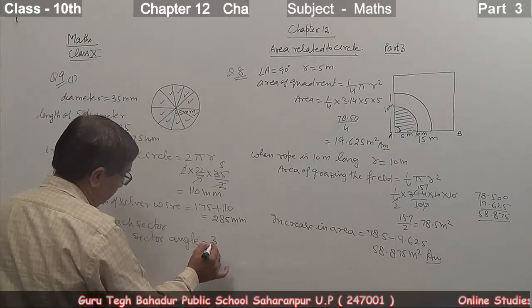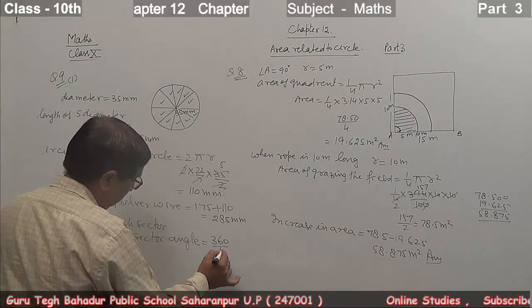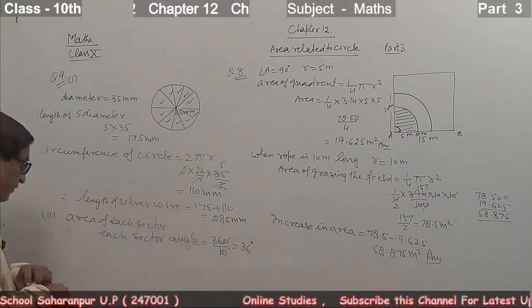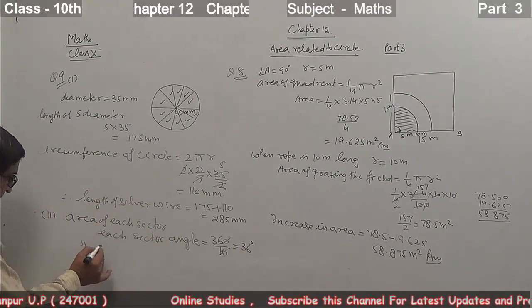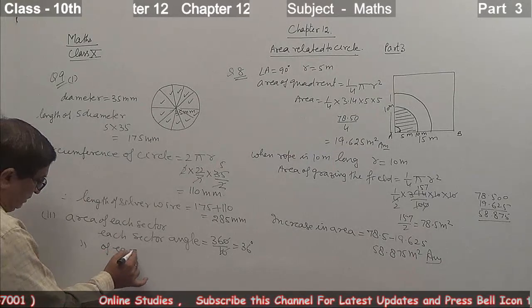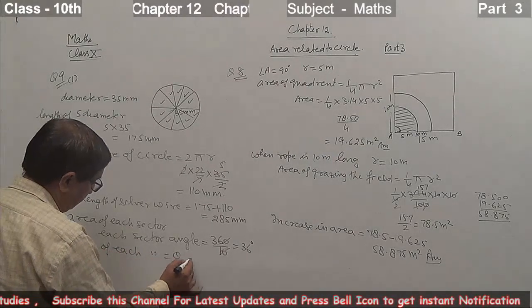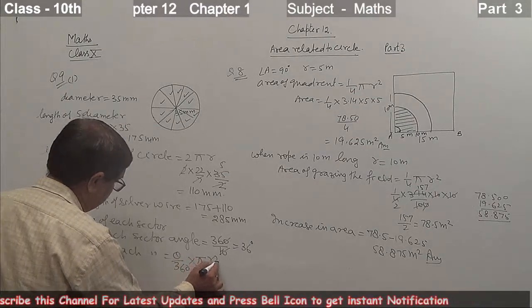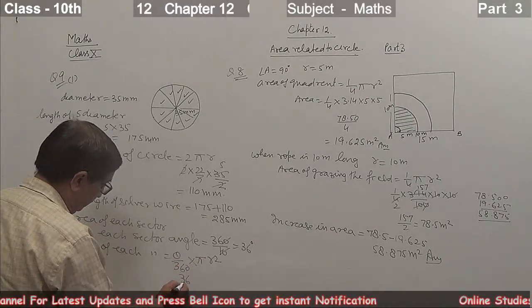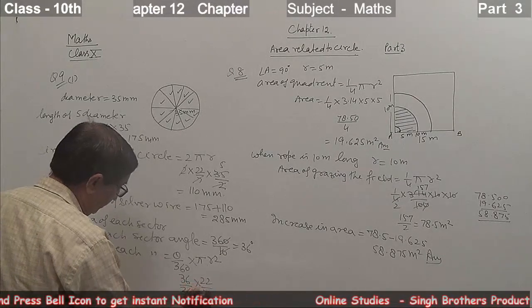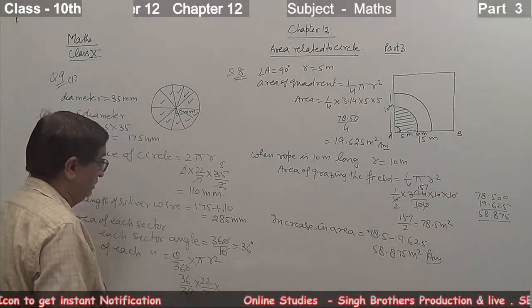So it will be 360 upon 10, that is equal to 36 degrees. So the area of each sector is theta upon 360 into pi r square, 36 upon 360, into 22 upon 7.